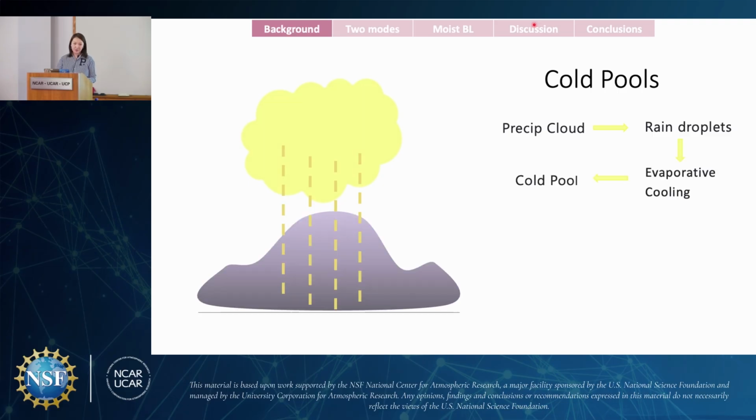Because of the negative buoyancy, they will sink and spread out along the surface. So first, because of the pressure gradient at the gust front, it can lift the cumulus upward to become new convective cells. This is also well known as RKW theory.